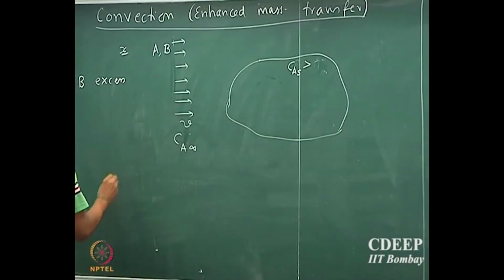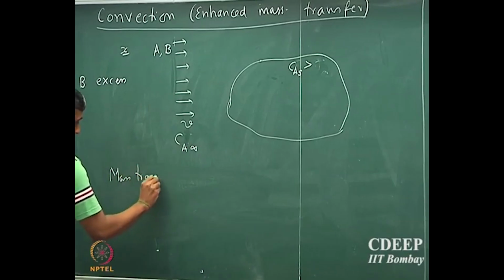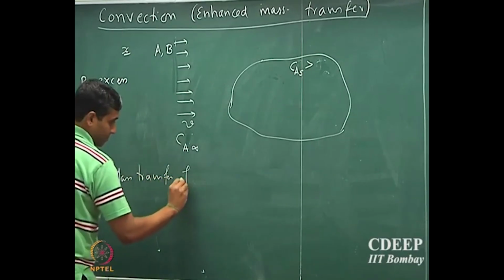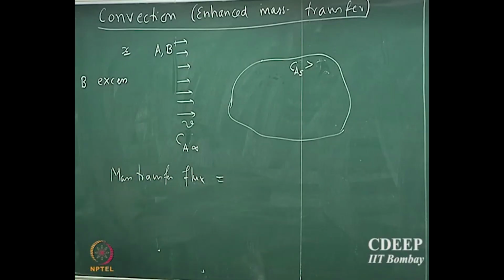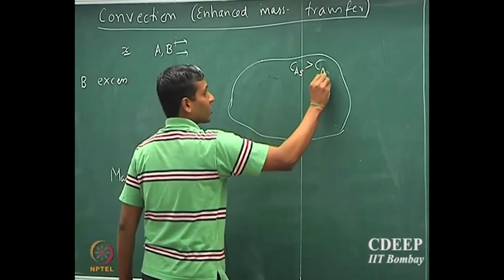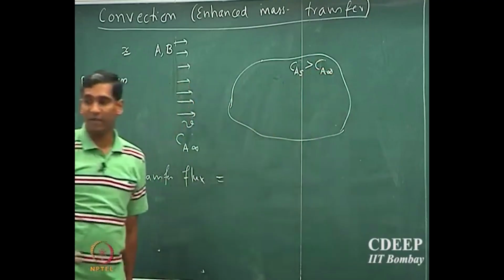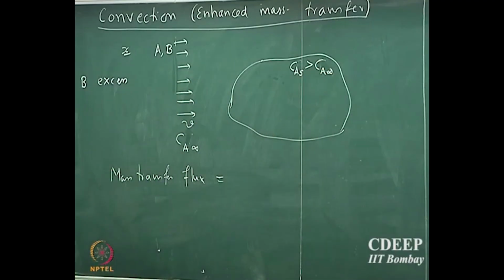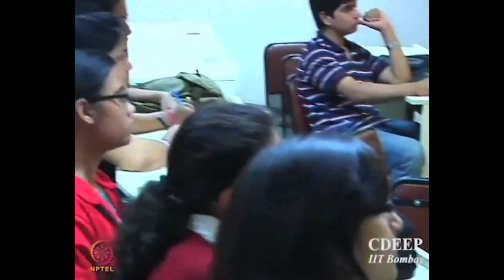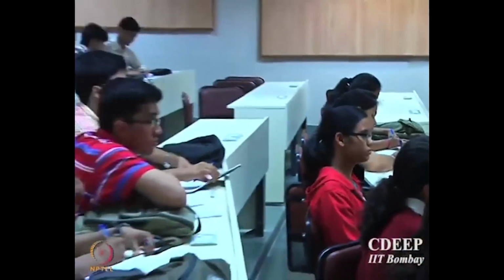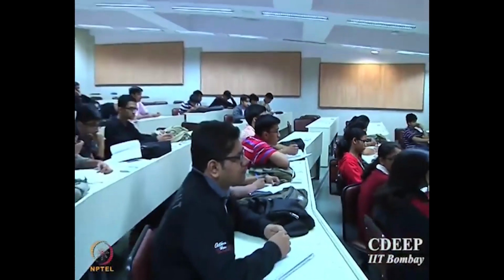and so what will be the mass transport flux? What will be the flux at any location? If I assume that CAs is greater than CA infinity, what will be the mass transfer flux? So note that heat and mass transport are similar, right?